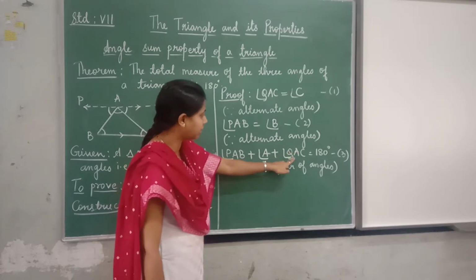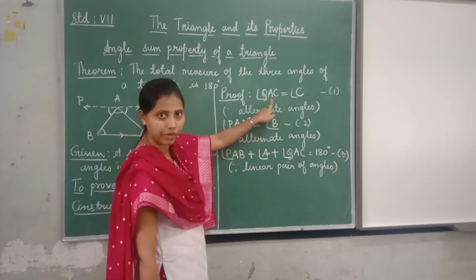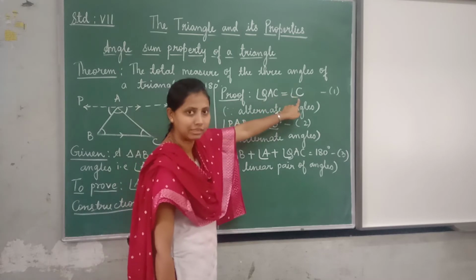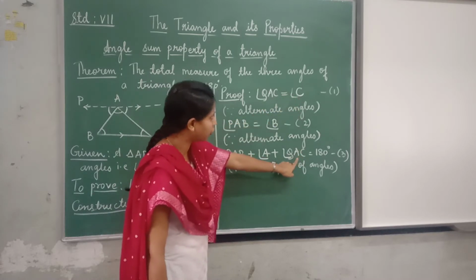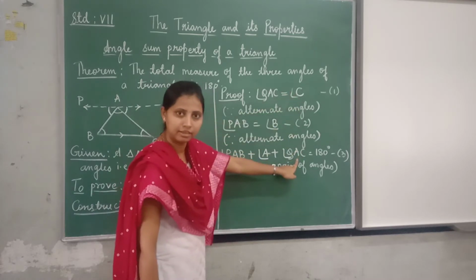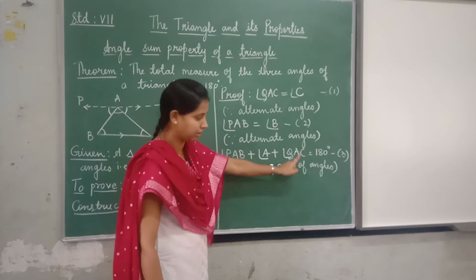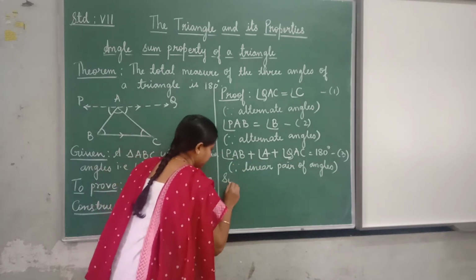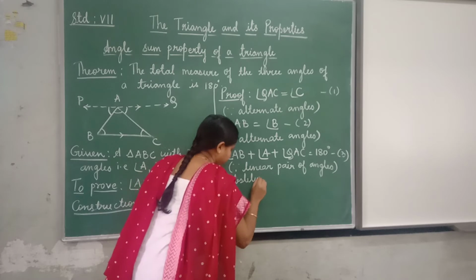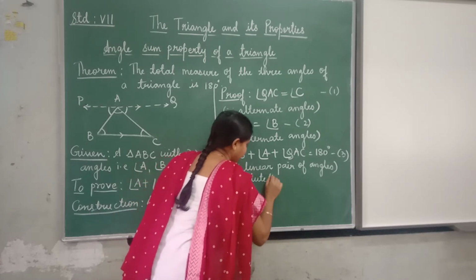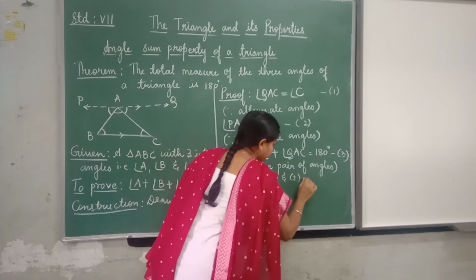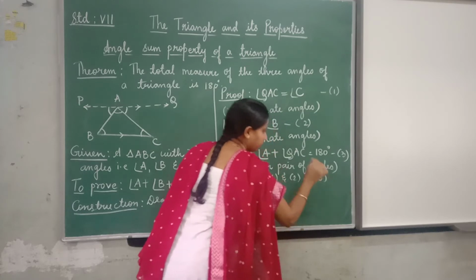In the first equation we have written QAC is equal to angle C, so in place of QAC I will substitute angle C. So substitute 1 and 2 in 3.